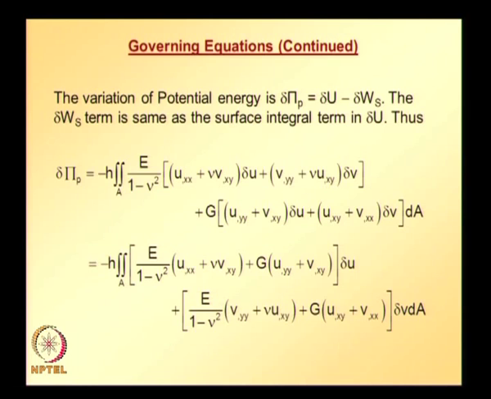The variation of Pi is going to be 0 only under the condition that the integrand in the first integral is equal to 0 and the integrand in the second integral is equal to 0 independently.